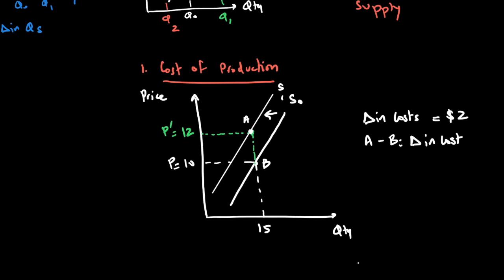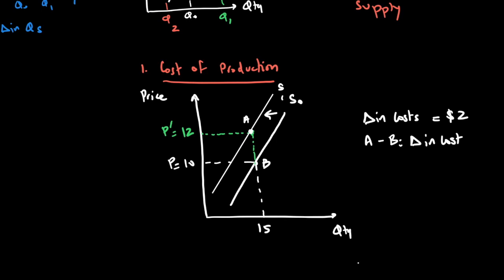And there are two ways to look at it. Number one is that for the same quantity, the firm is now incurring more cost and therefore charging a higher price, or for the same price, the firm's ability to produce, let's say 15 units has gone down. Probably now they're going to make less, let's say 12 units or 13 units or something like that.